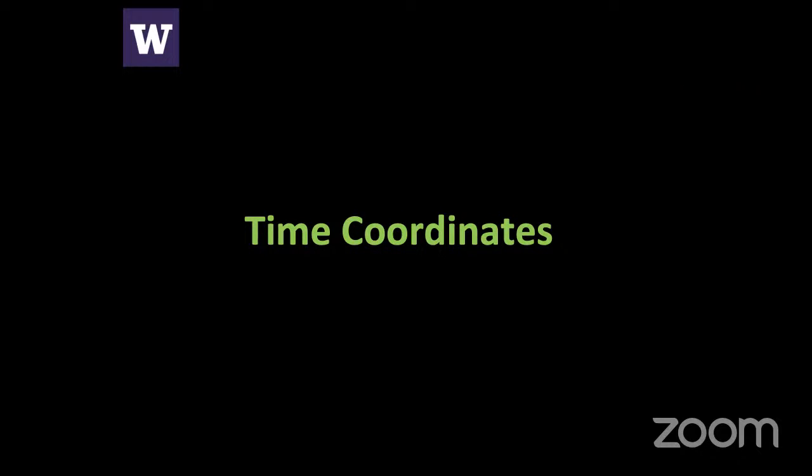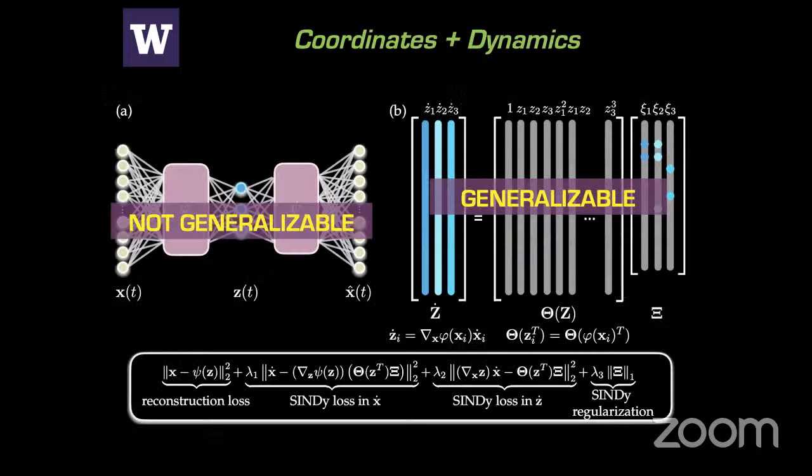Nathan? Yes. May I ask a question on that last slide? The coordinate choice is very particular to your problem, but in some sense you're using a black box tool to try to discover the right coordinate system.